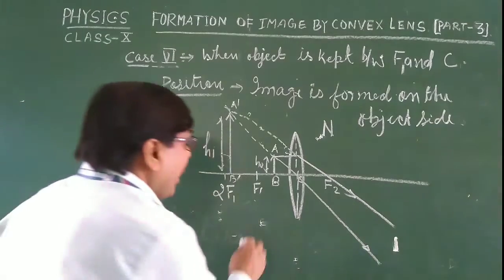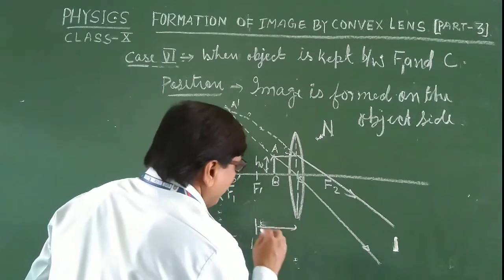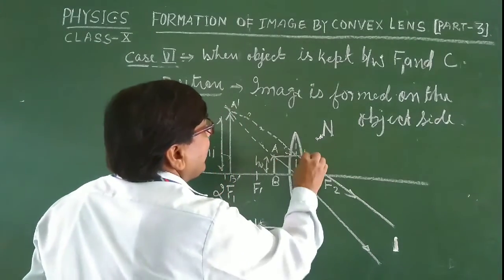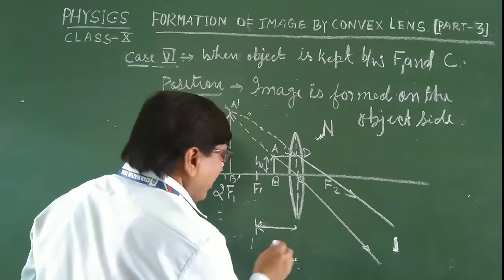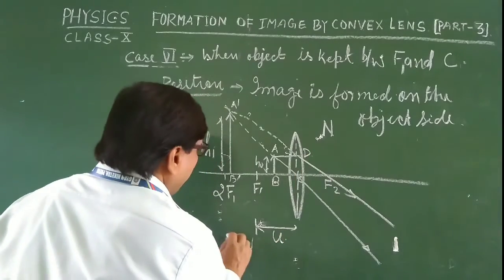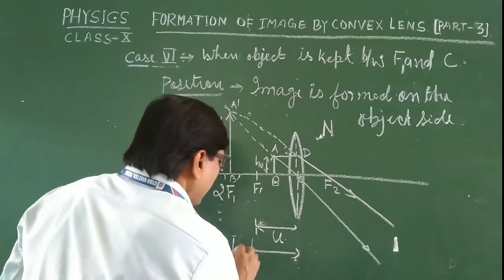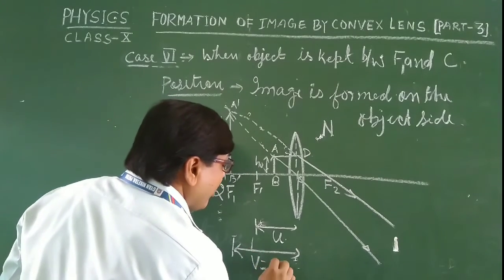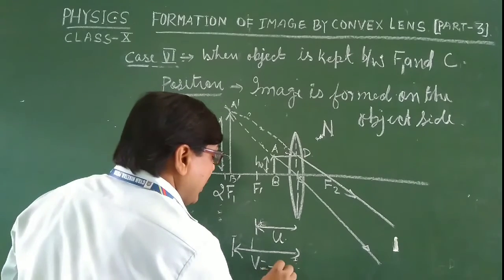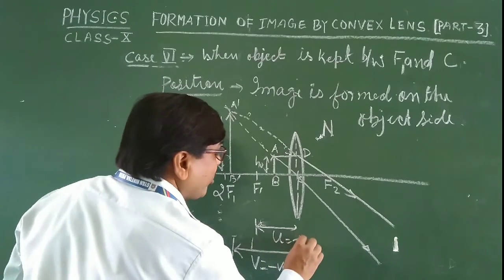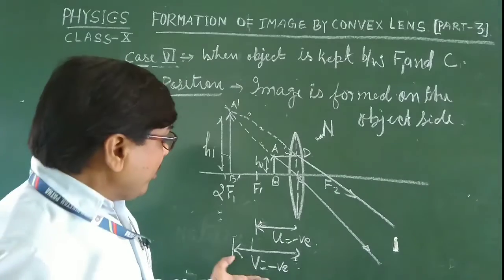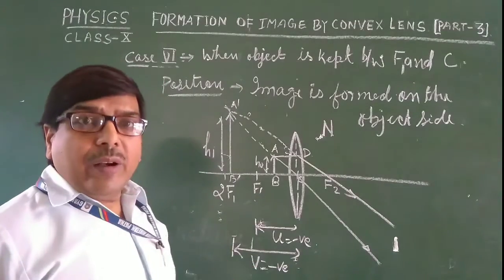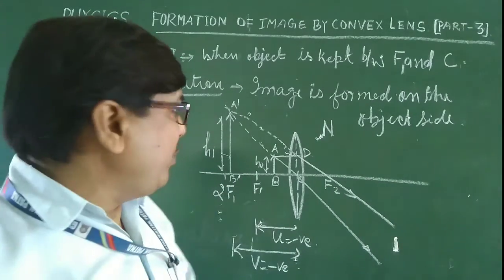That's why it is erect and virtual. This is U, and this is the image distance V, which is also negative in this case. So this shows an erect, virtual image.